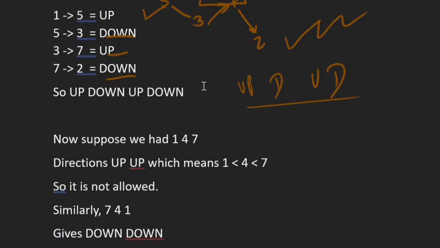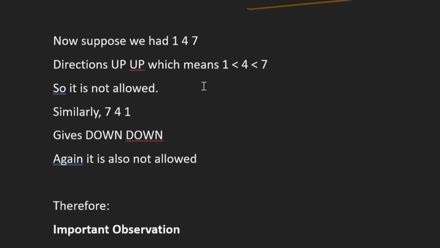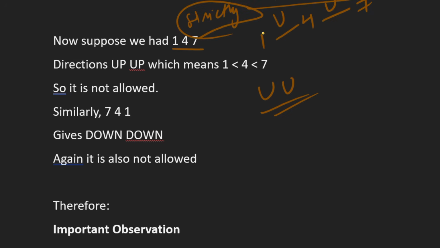Now let's take another example. Here we have 1, then from 1 we are moving to 4, that is the up direction. Then again from 4 to 7 we are moving in the up direction. So here the directions are up, up, and these three elements form a strictly increasing sequence. It is given that no three consecutive elements should form a strictly increasing or strictly decreasing sequence.